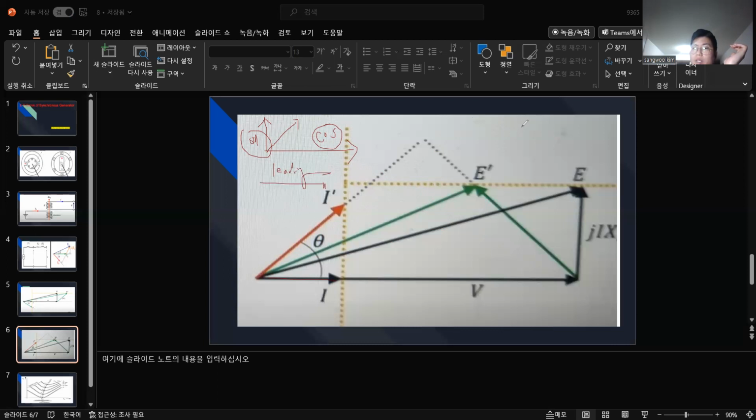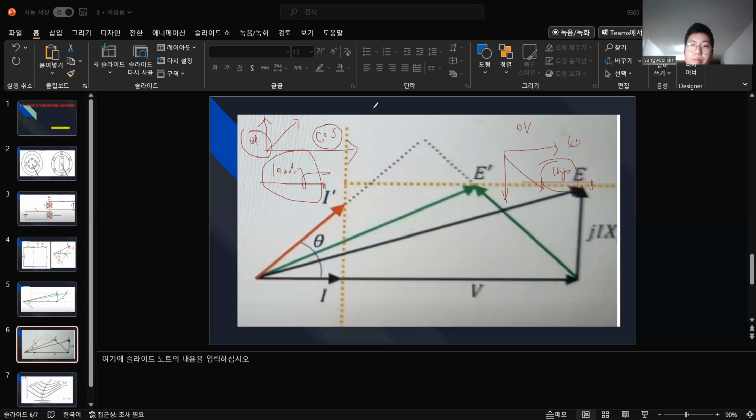But with over excitation, it was here, cosine, lagging. That's the difference. With lagging current, we supply the reactive power. But with leading current, we absorb the reactive power from the line. That's it.